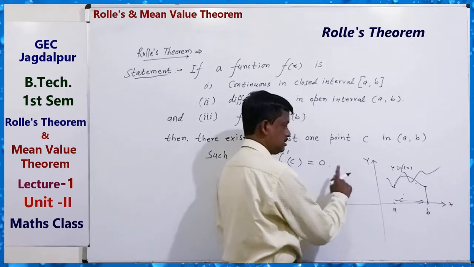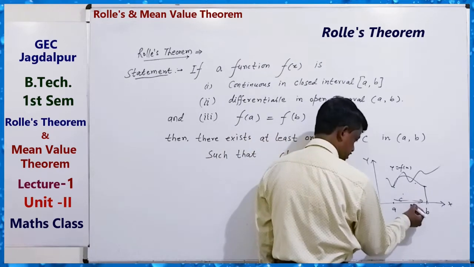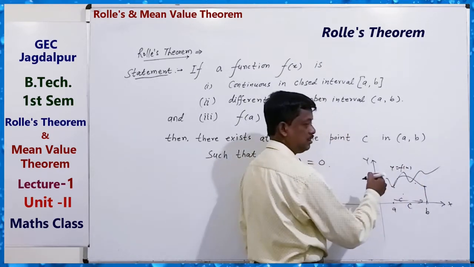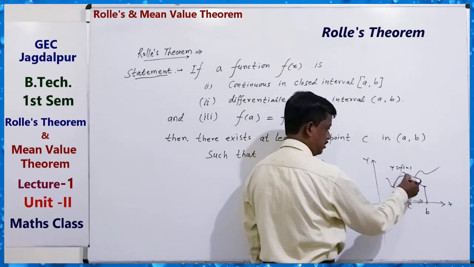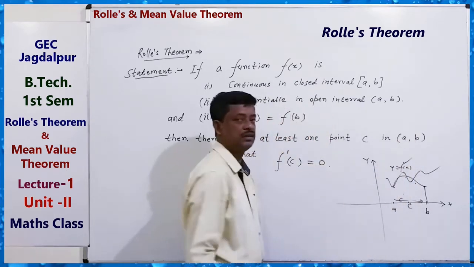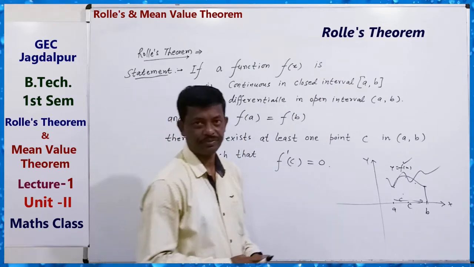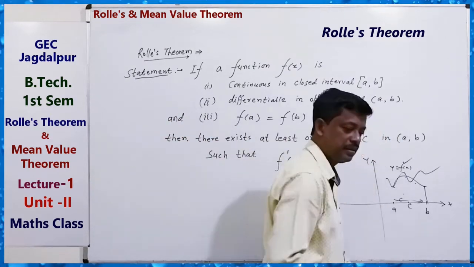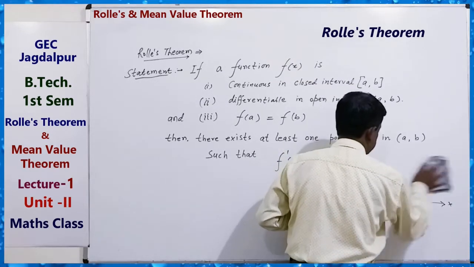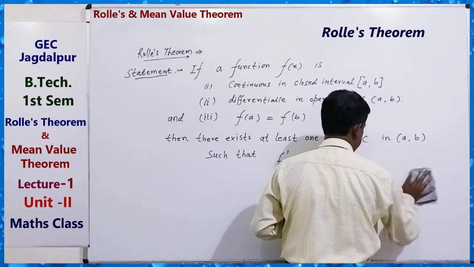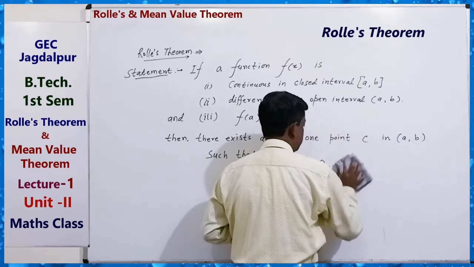In this case, in between there is a number c at which the derivative of this function equals 0. This is the statement of Rolle's theorem.